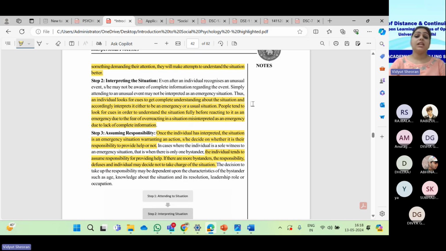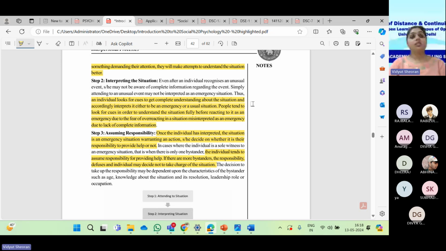If it is an emergency as per the helper, certainly he will try his best to give his helping hand. But he also needs to comprehend that as per him it is an emergency or not. So people tend to look for cues in order to understand the situation fully before reacting to it.